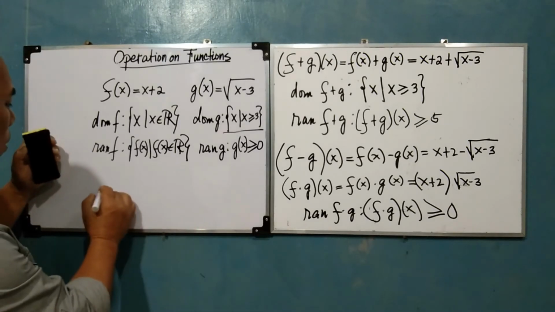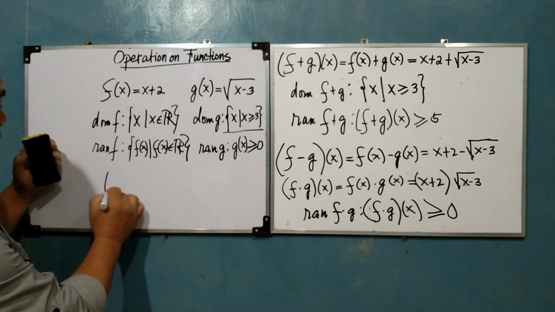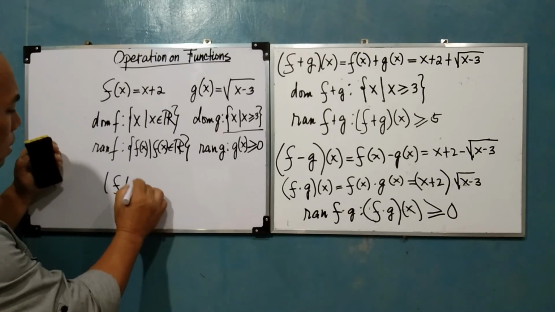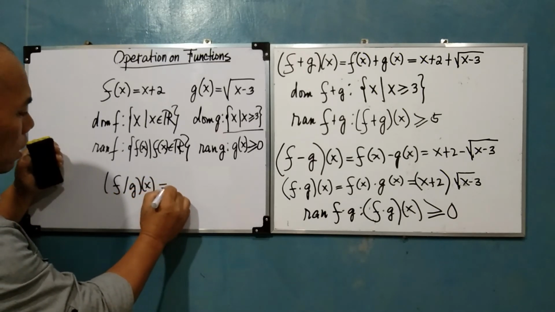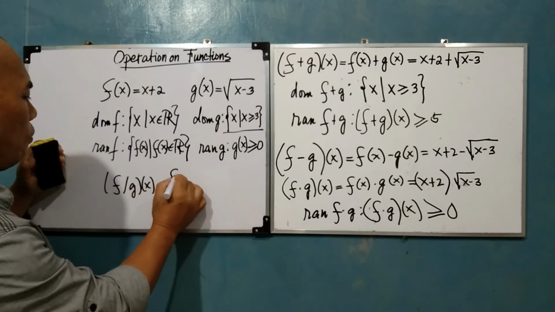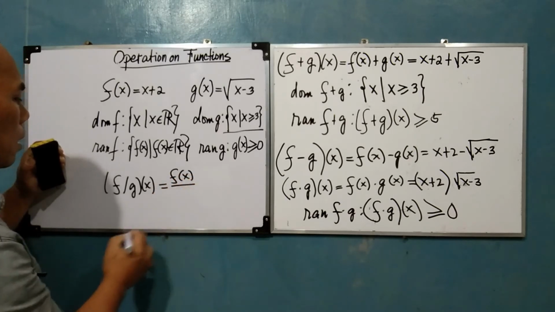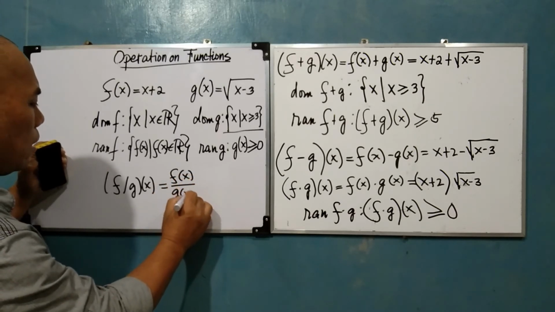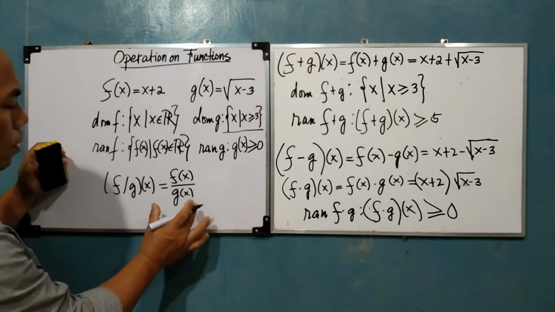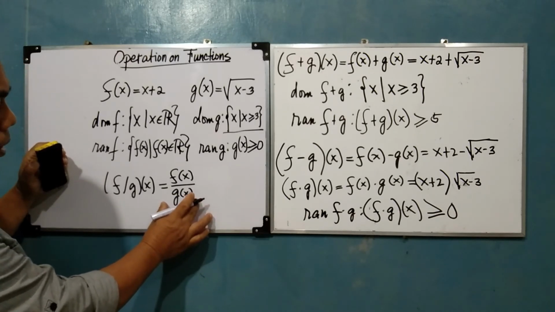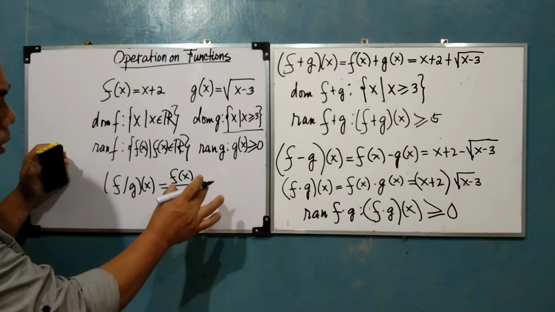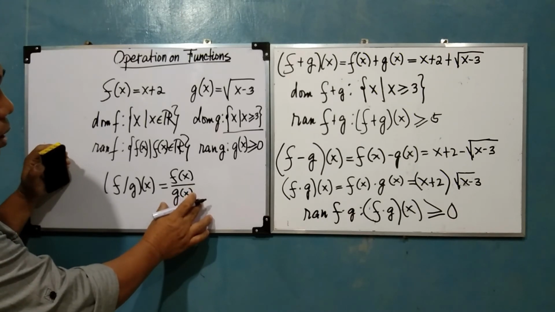What about f divided by g of x? So you will get f of x divided by g of x. We should always remember that when it comes to division, the denominator must not be equal to 0.